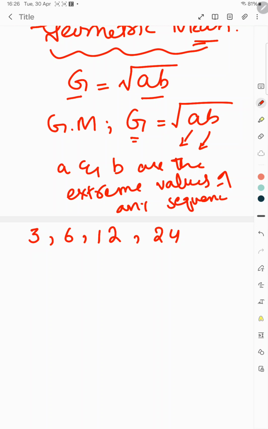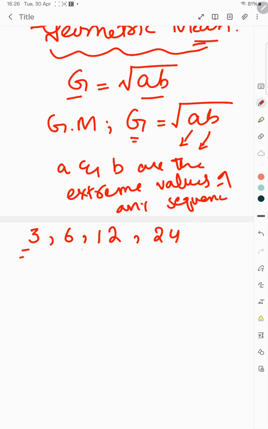In this sequence student, the first value, which is the smaller value, is the extreme value. Also the last value, which is the largest value, is also the extreme value. So the smallest and the largest value of any sequence are the extreme values of the sequence.